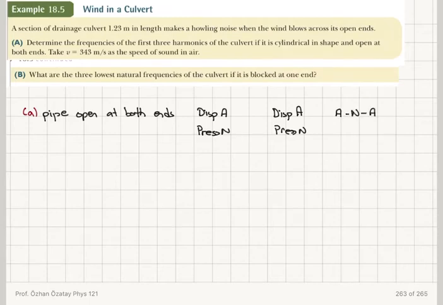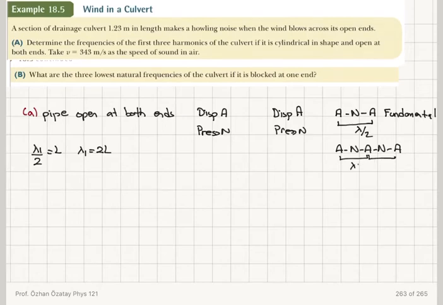Therefore, the fundamental mode is A and A. This is fundamental. So I have a distance from A to A of lambda over 2. So lambda 1 over 2 is equal to the length L. So lambda 1 is 2L. Then I can go to the second harmonic, A, A, A. So lambda over 2, lambda over 2.